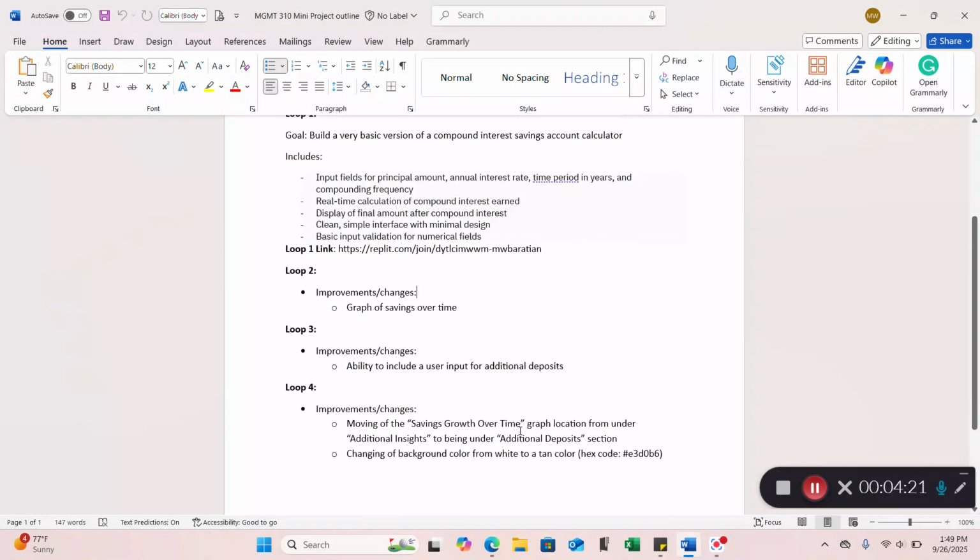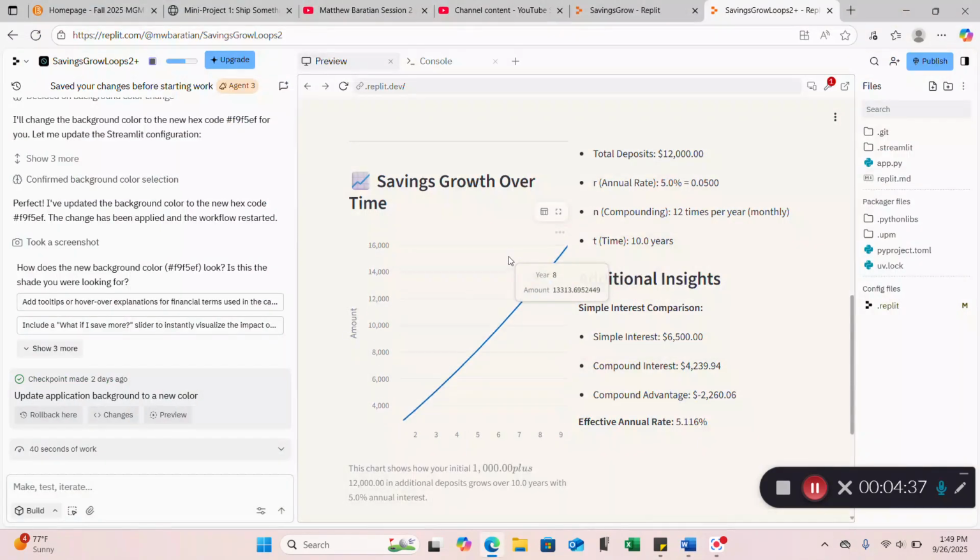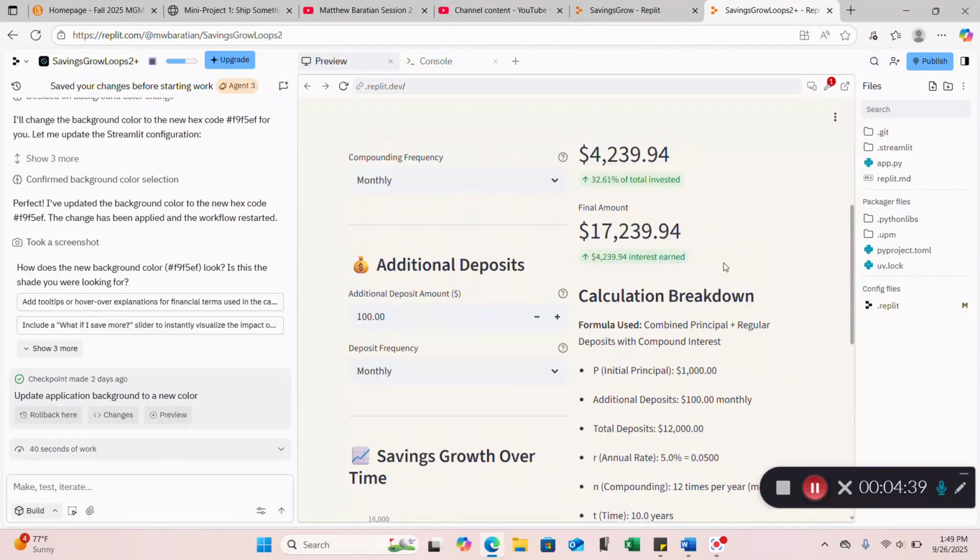So what I did in loop 4: in the first loop, it was just a white background. And when I added the additional deposits user input during loop 3, it messed up this entire layout, and it didn't look right.